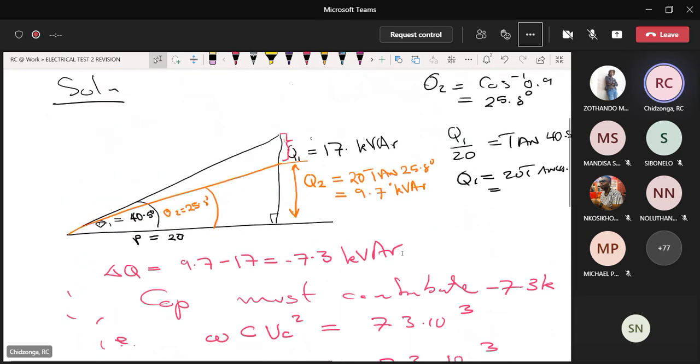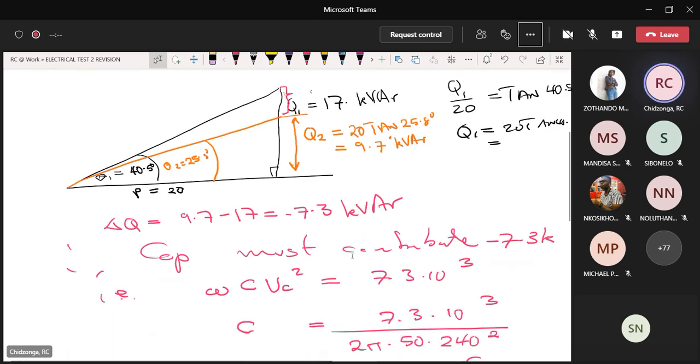You see, if you go back to this, I know what you have asked. This power triangle allows us to find the amount of reactive power we need to inject into the network to bring down the power factor angle, or in other words, to improve the power factor to a higher value. So in this question, you did not ask about how we are getting 7.3. You said how to get the capacitance from this figure.